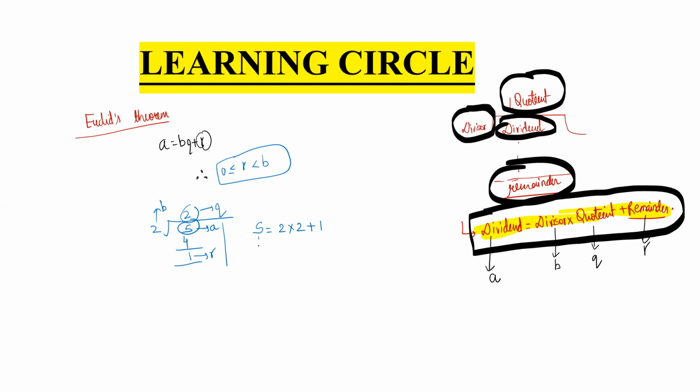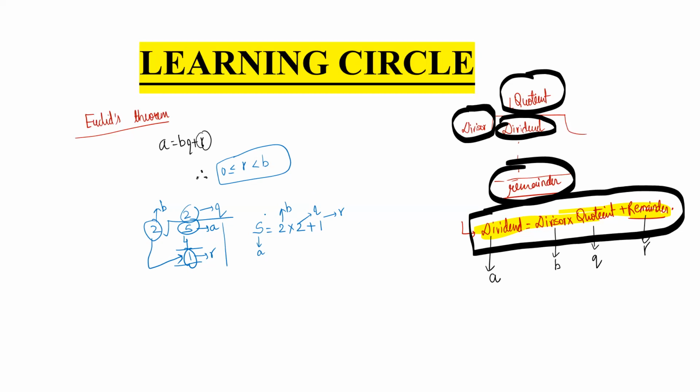If the divisor is 2, the maximum remainder is 1, because if it becomes 2, it will divide it.